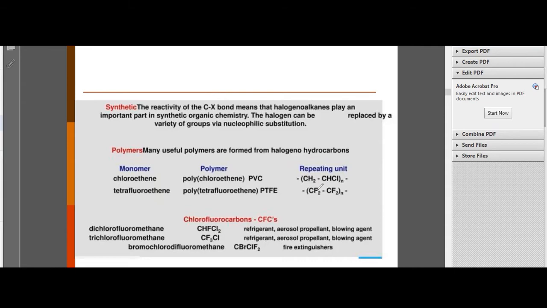Okay, and then it can also be used as refrigerant, aerosol propellant, and blowing agent. This is called a chlorofluorocarbon molecule.